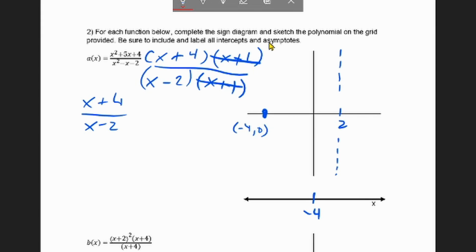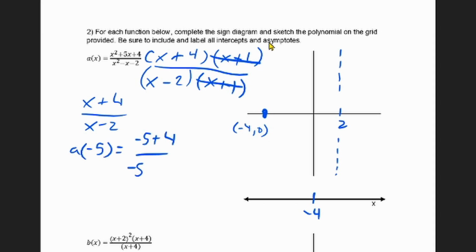So now that we have that, we can test where these values are going to be negative and positive. To do that, we have -4 is 0, so we can test the left side of -4. We can do a -5, and we'll get -5 plus 4 over -5 minus 2, which equals a -1 over a -7, and that's going to give us a positive, really small number.